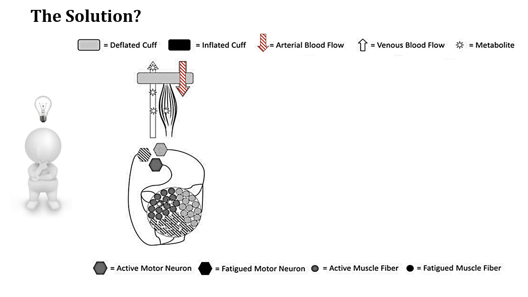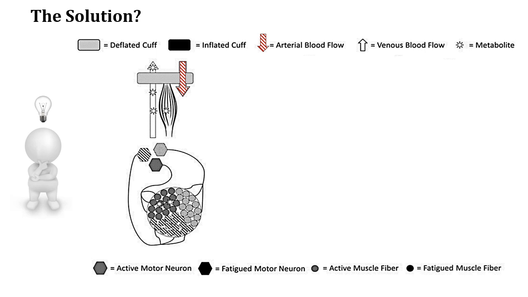We can induce comparable results. So the figure here, just to orient you, right? So you have, starting at the top, that gray band, which is a deflated cuff, and you can see that there's equal flow in and out of the limb.